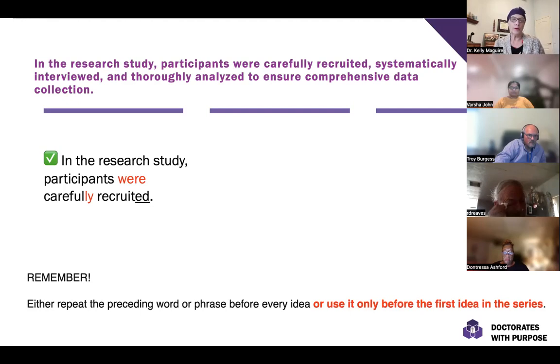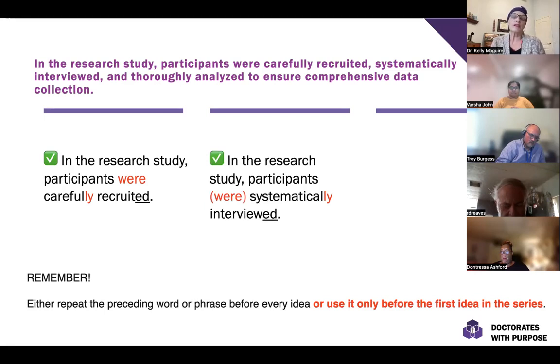So we've got "were," we've got our word that ends with "ly," and I can see that it also has a verb that ends with "ed," so "recruited." If we look at the second part, it would say, "In the research study, participants were," so it's implying that the first "were" transfers over, "systematically interviewed." So this still matches, everything's still on target, it looks good.